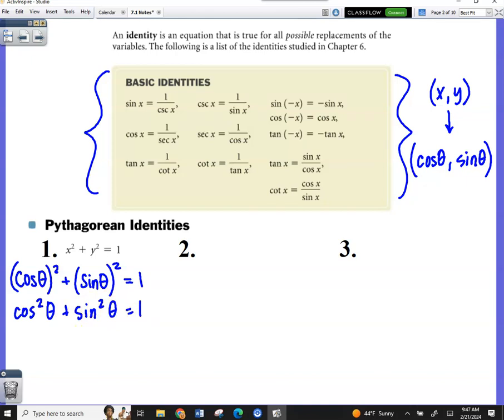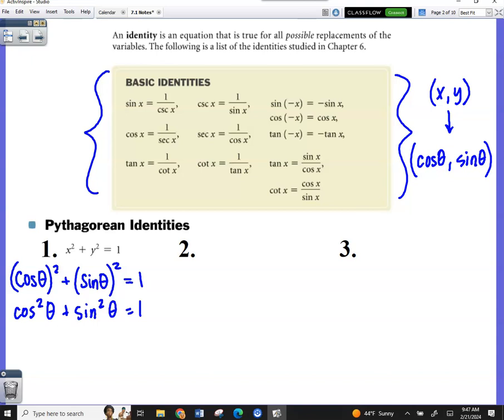That is your first trig identity. That's your first Pythagorean trig identity. You've already learned a whole slew of trig identities. This is your first Pythagorean trig identity because it came from using the Pythagorean theorem. Unfortunately, this is not the common way to write it.